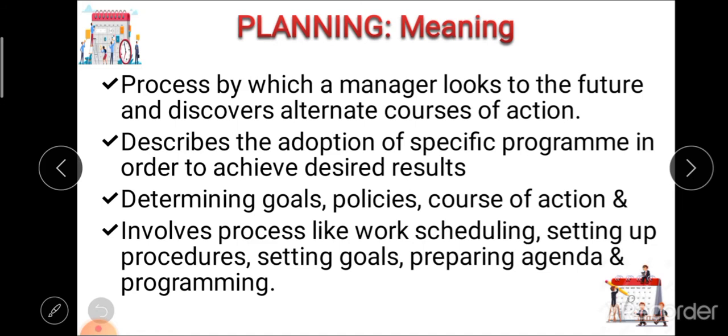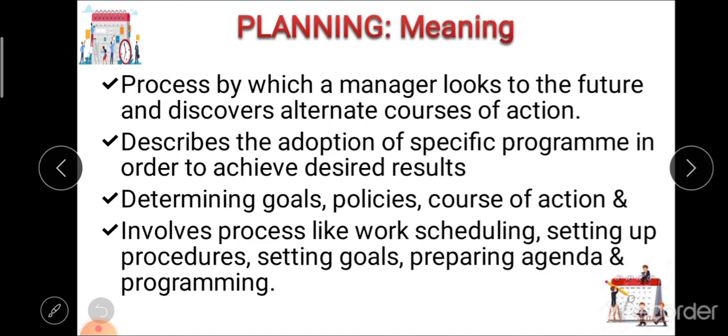Also, in planning we describe the adoption of a specific program in order to achieve the desired result. Planning determines the goals, policies and course of action, which involves processes like work scheduling, setting up procedures, setting goals, preparing agendas and programming. All these are included in planning.